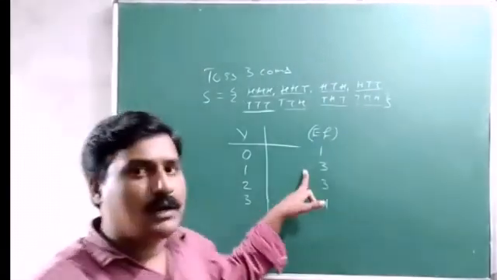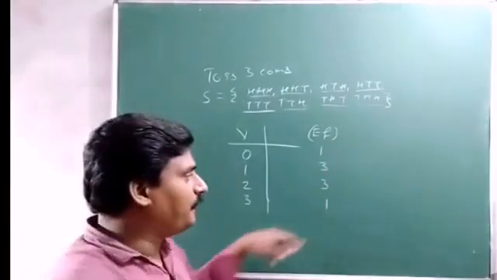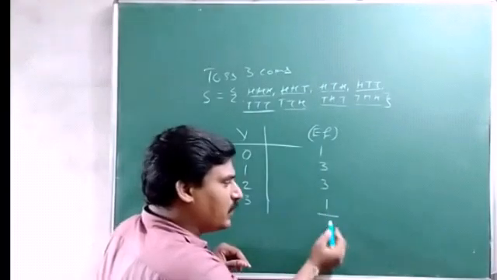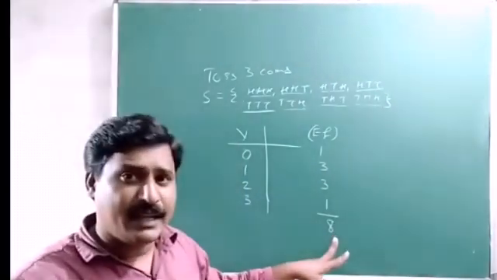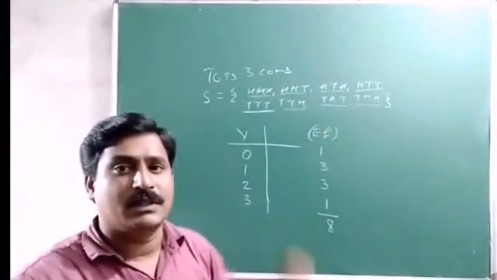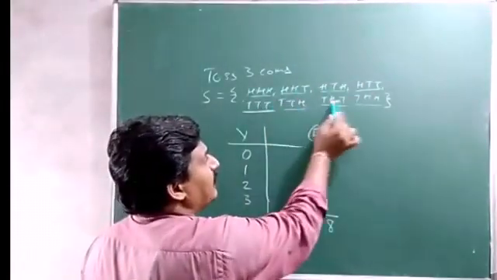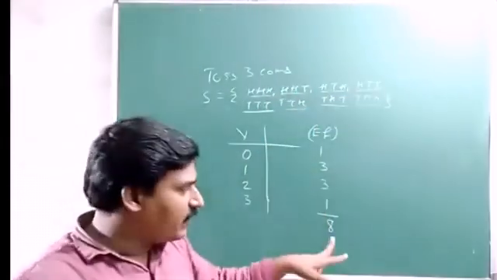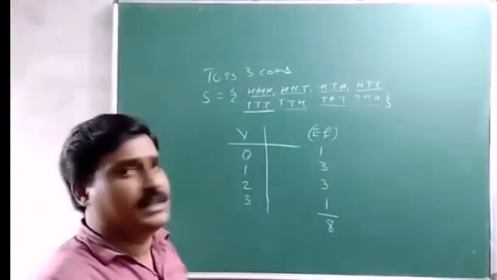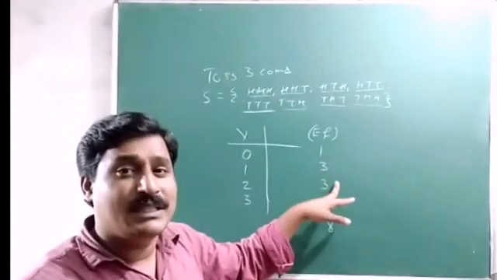These are theoretical frequencies. So the total of this is 1 plus 3 is 4, 4 plus 3 is 7, 7 plus 1 is 8. So this indicates the total exhaustive cases or outcomes in an event. So 1, 2, 3, 4, 5, 6, 7, 8, and we have a total of 8. So the probability of each event here is associated with the theoretical frequencies.